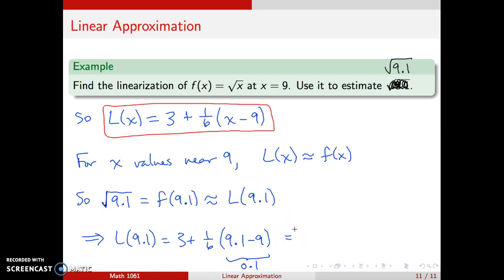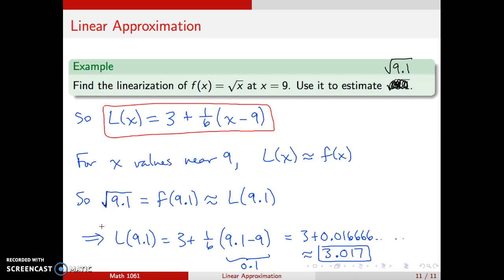So it's 3 plus 1/60, and 1/6 is 0.1666, so it's about 3 plus 0.017. That's our L of 9.1, approximately equal to the square root of 9.1. We know it's going to be a little bit bigger than 3, because the square root of 9 is 3.